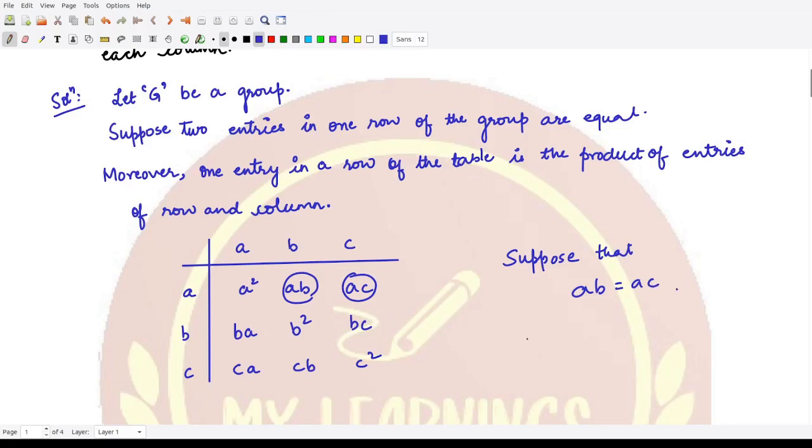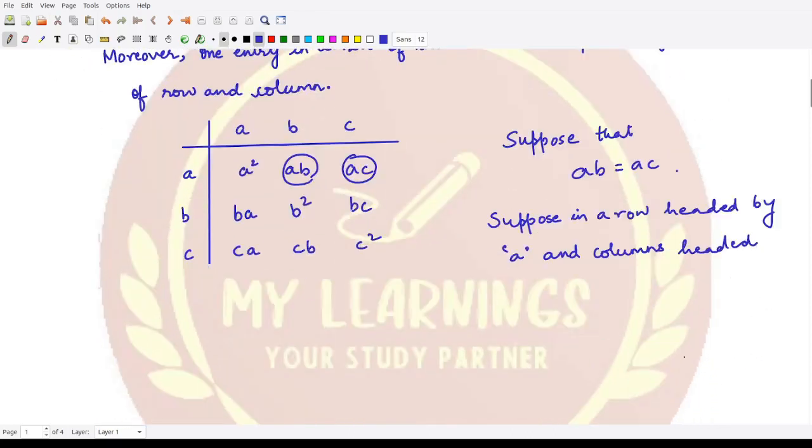And here we are assuming that, suppose, in a row headed by A and columns headed by distinct elements B and C, we have the same entries, right?